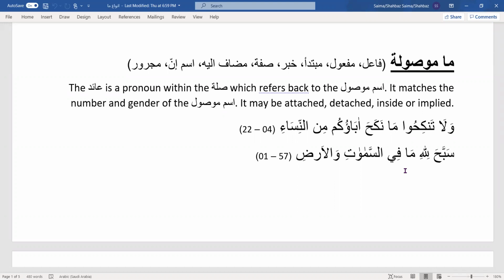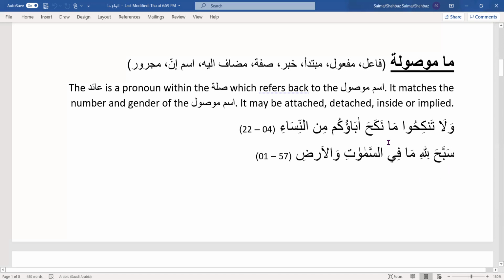Rafa, nasab or jar? Rafa. Marfu. Fa'il should be rafa, right? So what is the status of this whole thing? Rafa, mahallan rafa, and it is the fa'il of sabbaha.